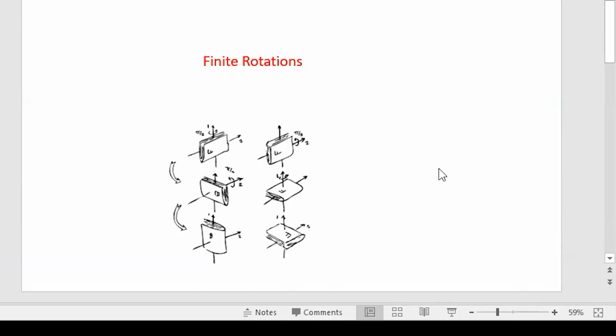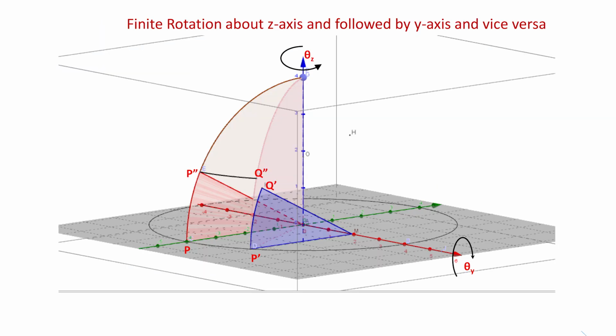I have another thing which shows that if you have these rotations in a very small measure like delta theta, instead of 90 degrees, a very, very small quantity, you will see it.